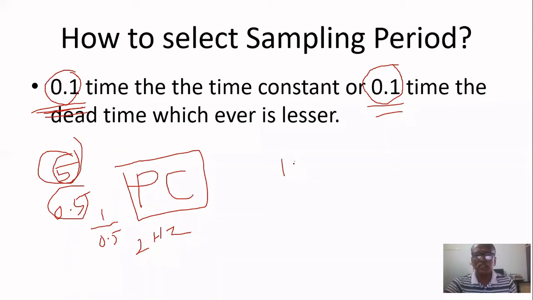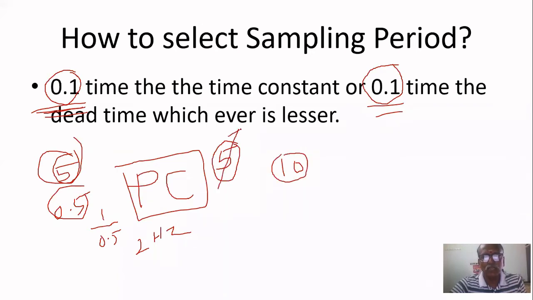Suppose dead time is 10 seconds and time constant is 5 seconds, then the time constant is 5, so the signal is quickly varying. If the signal is quickly varying, it should be captured, therefore we have to take 0.5. Suppose time constant is 10 and dead time is 5, then also we have to select 0.5 based on the dead time.